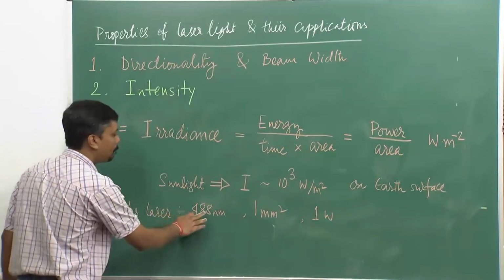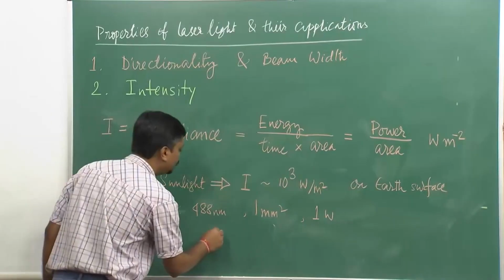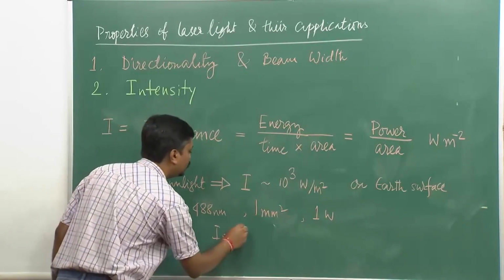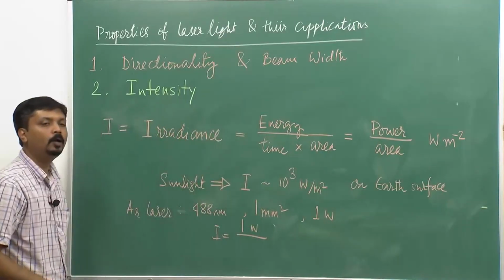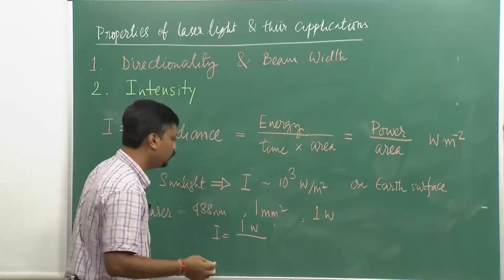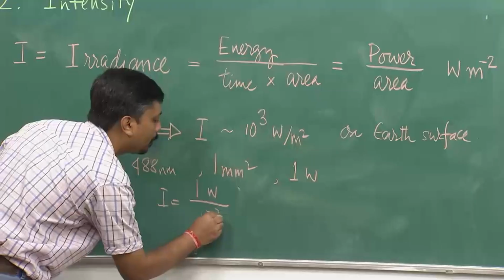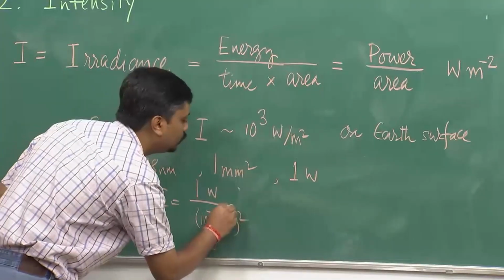So now for this system, what will be the irradiance? So irradiance will be power by area, right? So 1 watt by 1 millimeter square. So 1 millimeter is equal to 10 power minus 3 meter, so square.